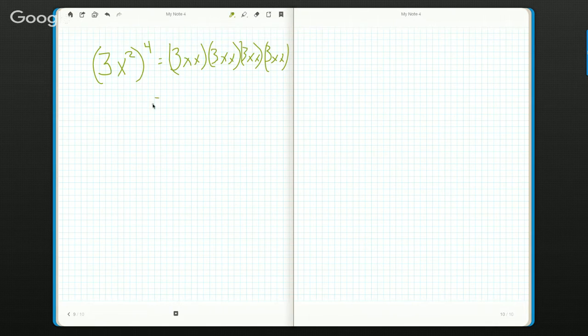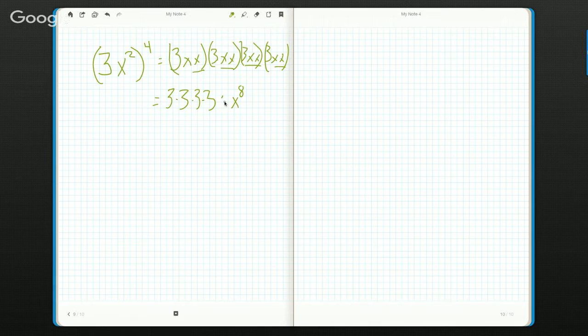And so if we rewrite the whole thing, we get 3 times 3 times 3 times 3 because we can commute our 3's, and then we get times x. And I'm not going to bother doing this for you again. So we got 8 x's. So that's x to the 8th.